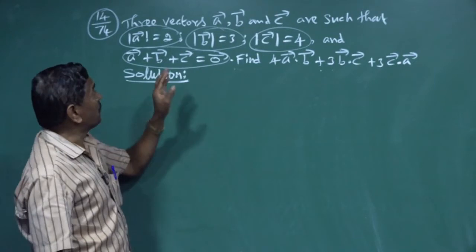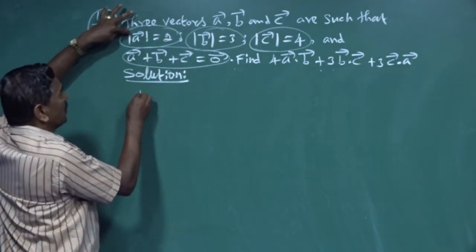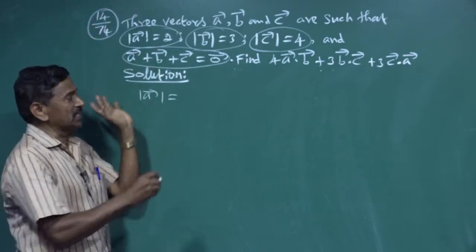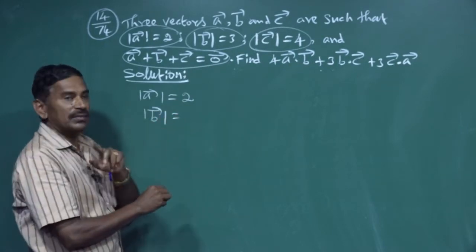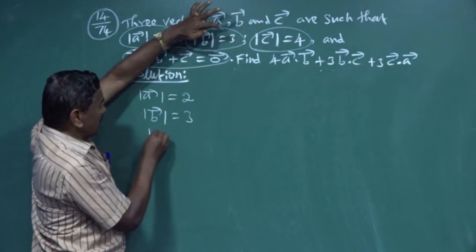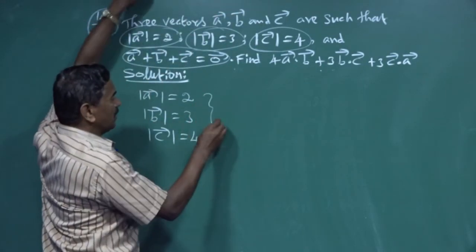First of all, write the given information. Modulus a vector is equal to 2. Modulus b vector equal to 3. Modulus c vector equal to 4, which is given.